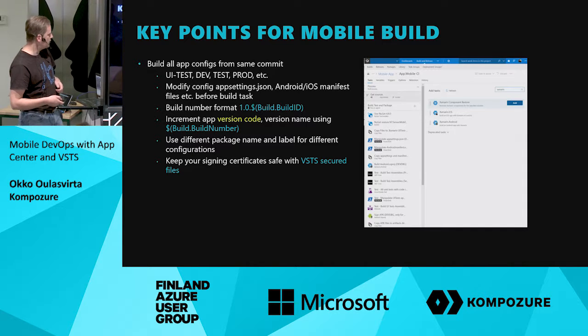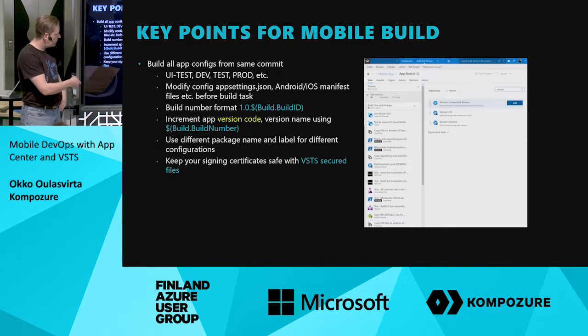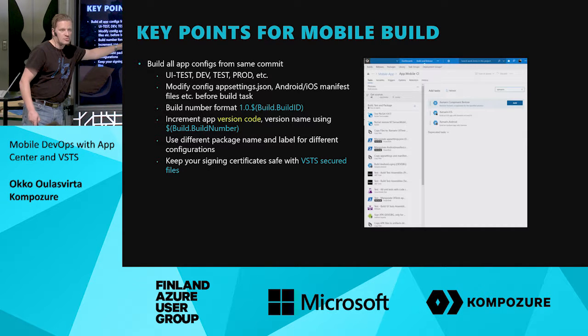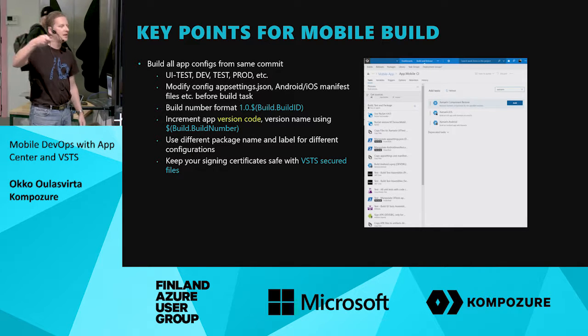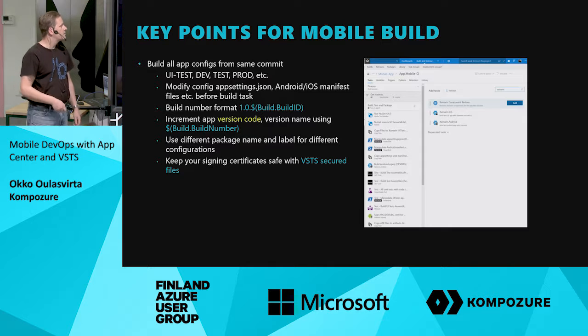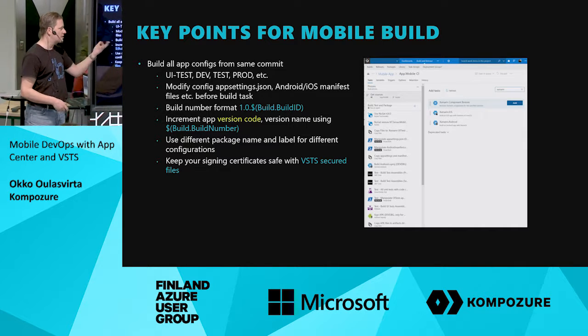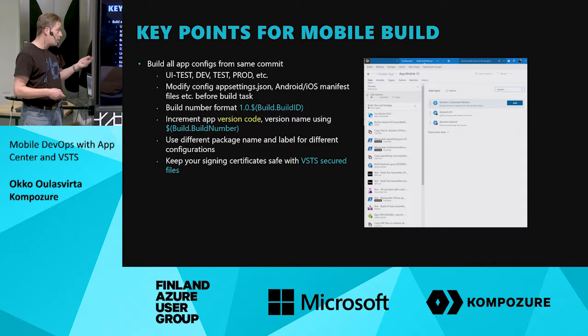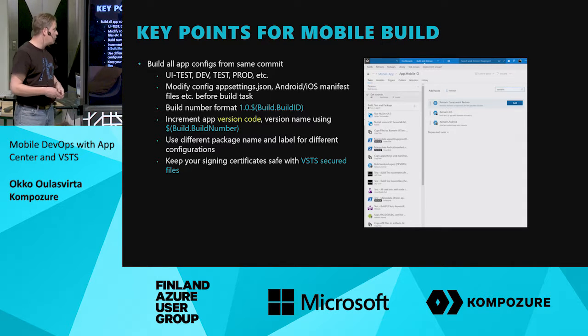And one nice way to increment it is to use the build time variables that Visual Studio Team Services provides. For example, build ID is always higher than the last time. So you can use that as one way. One way or another, you have to have an incremented version code.